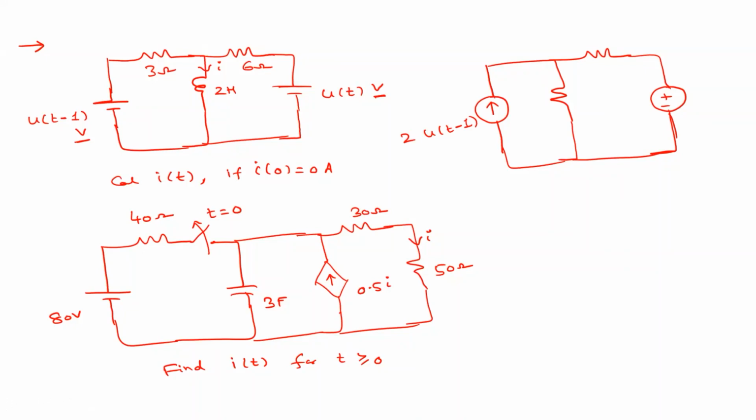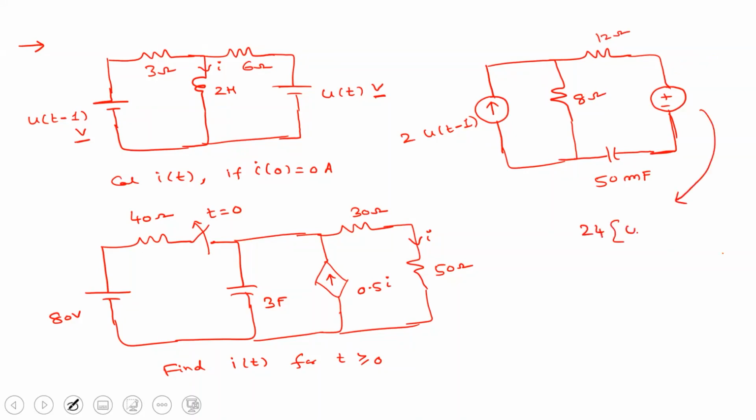Oh no, I think one capacitor is missing here. So there is a capacitor here actually, and its value is 50 millifarad. Okay, and this is 8 ohm. This is 12 ohm, and its value is 24 u of t. I will write its value here: 24 u of t minus u of t minus 1.